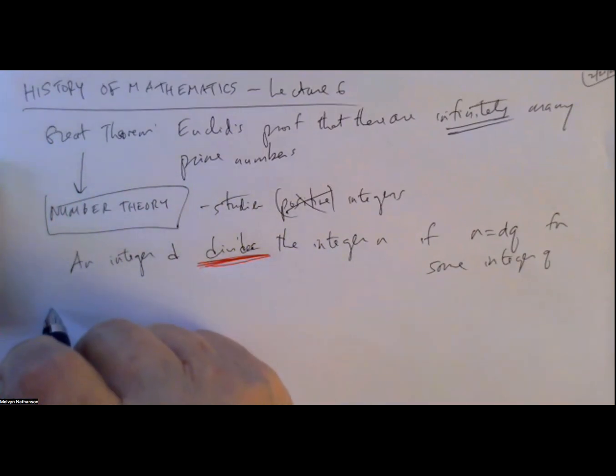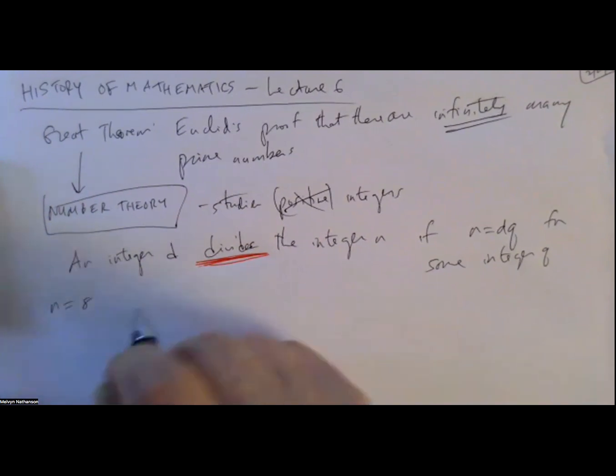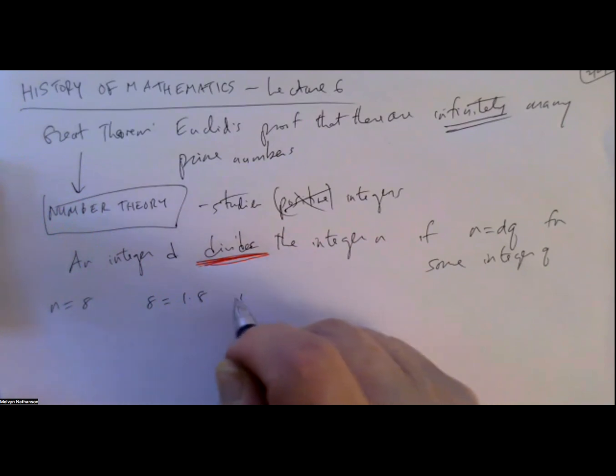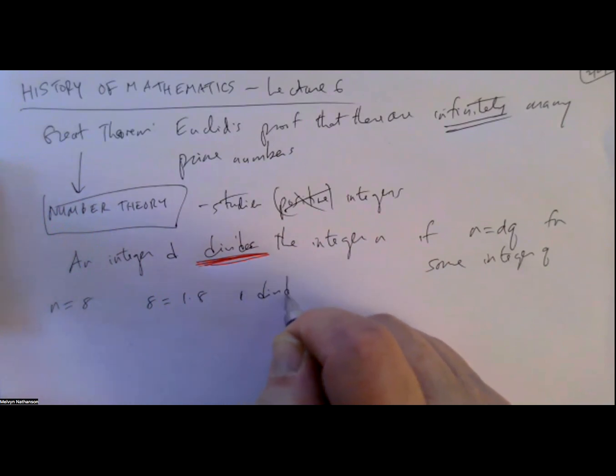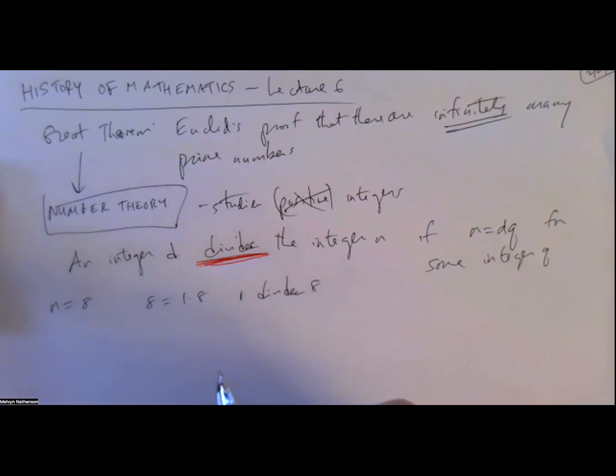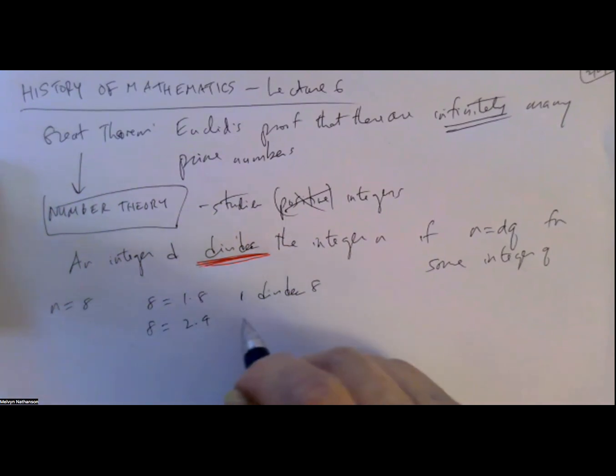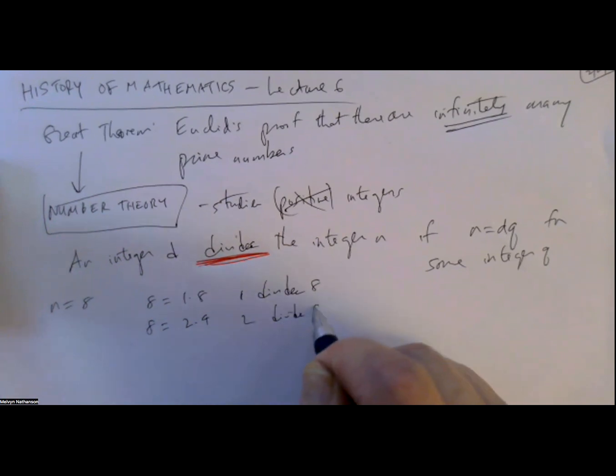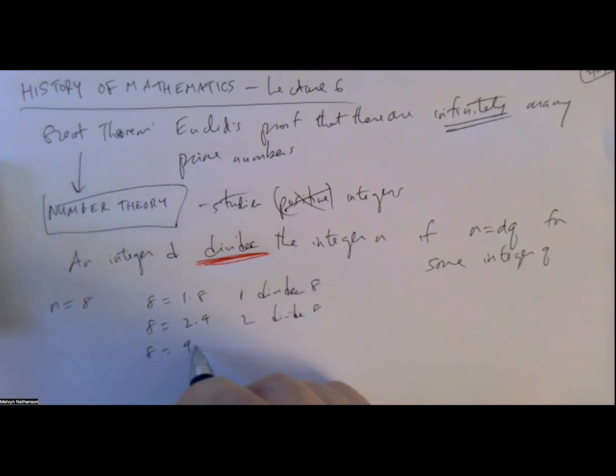So for example, suppose we take the number 8. 8 is 1 times 8, so 1 divides 8. 8 is also 2 times 4, so 2 divides 8. 8 is 4 times 2, so 4 divides 8.